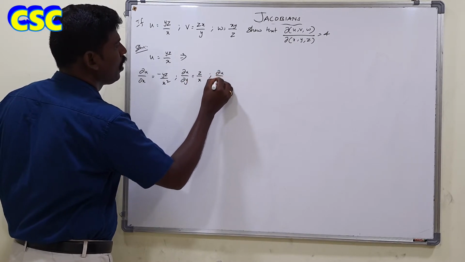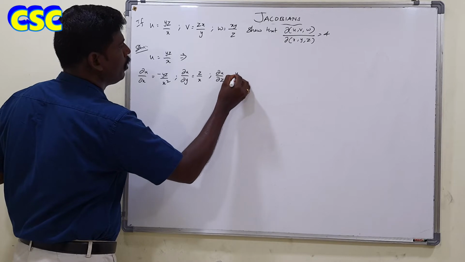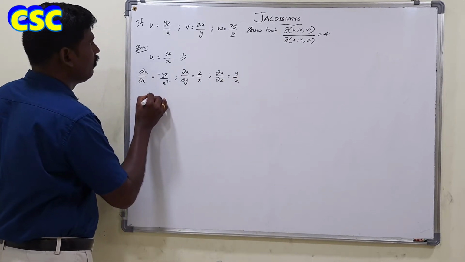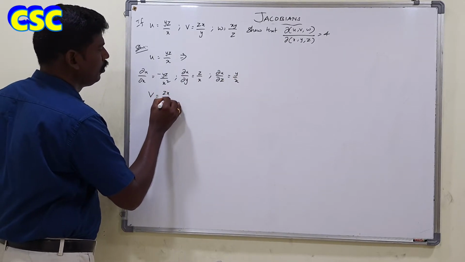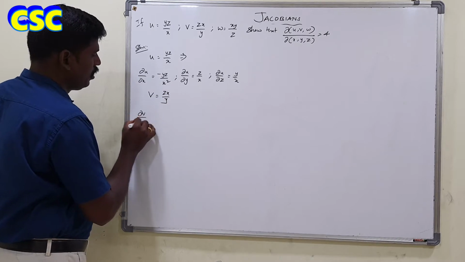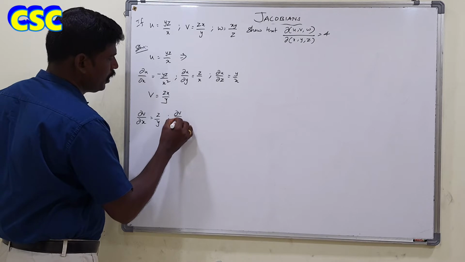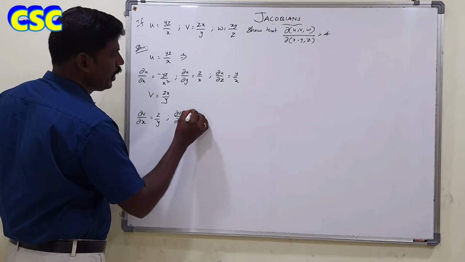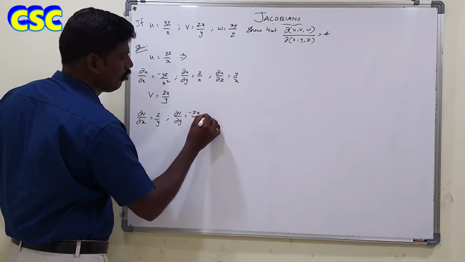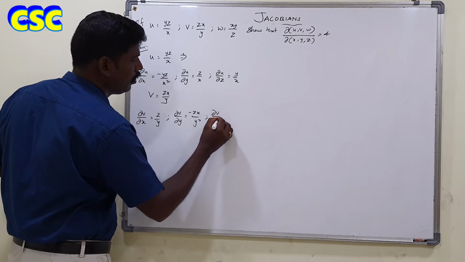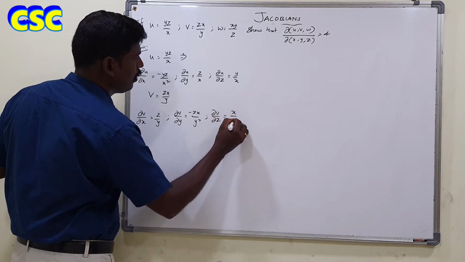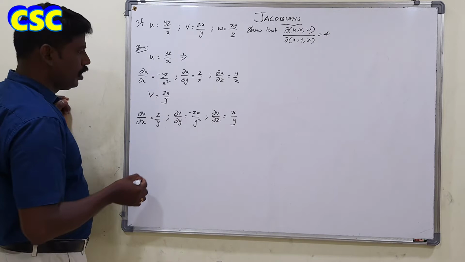And dou u by dou z is equal to y by x. In the same way, v is equal to zx by y. So dou v by dou x is equal to z by y. Dou v by dou y is equal to minus zx by y square. And dou v by dou z is equal to x by y.